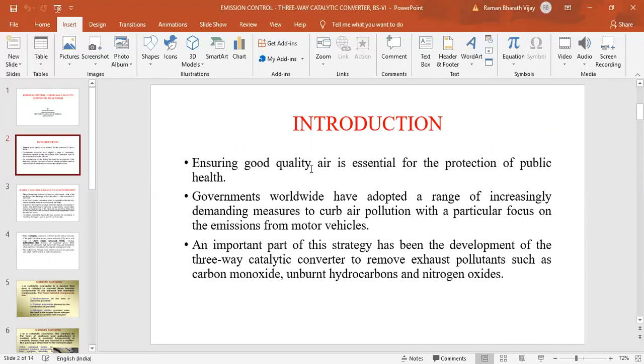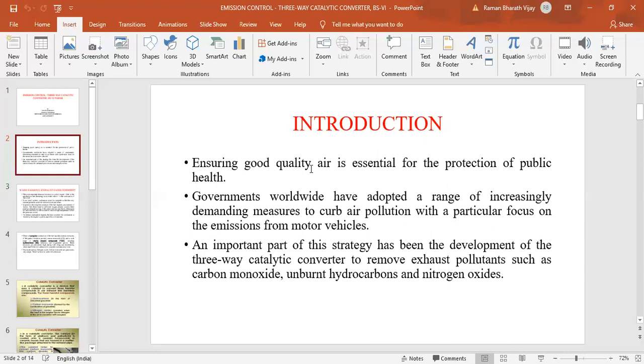Governments worldwide, either in the US, the UK, or India, concentrate on controlling these emissions, controlling the air pollution. Air pollution is particularly caused by the emissions from vehicles, so we are in a position to control it.